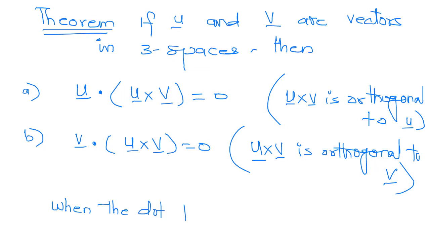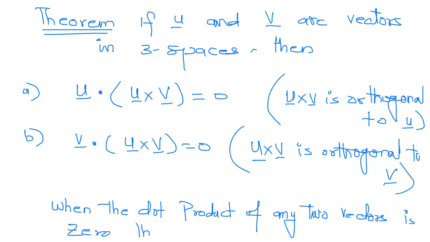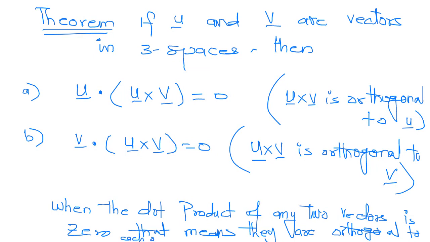This is the first vector and this one is the second vector, so their dot product is equal to 0, which means they are orthogonal.